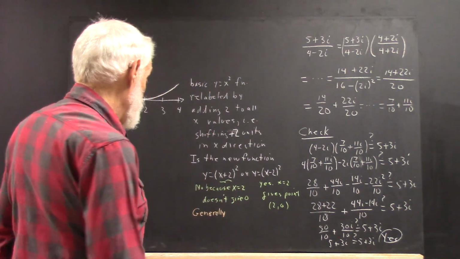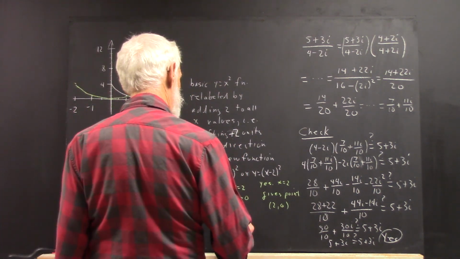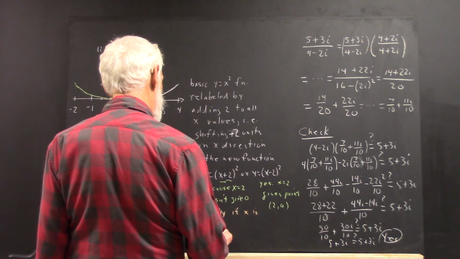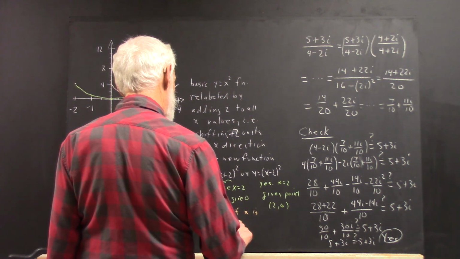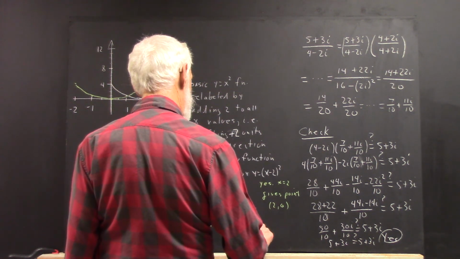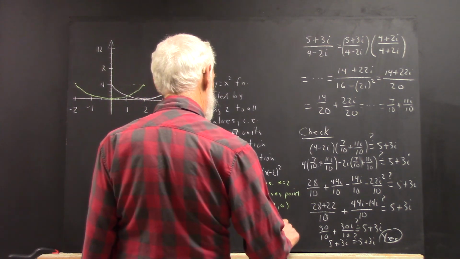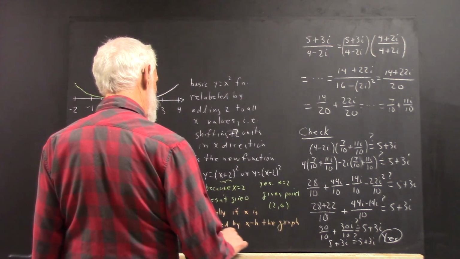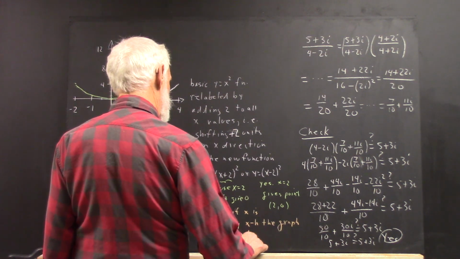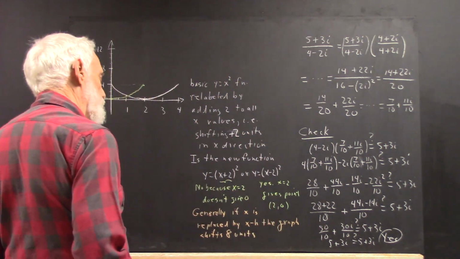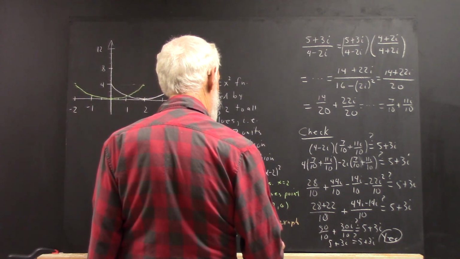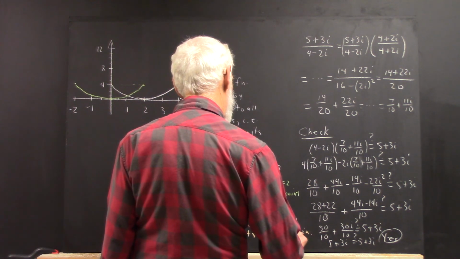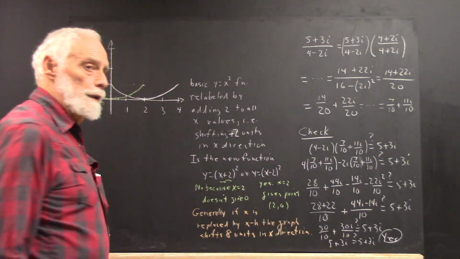Generally, if you replace x by x minus h, the graph shifts h units in the x direction.